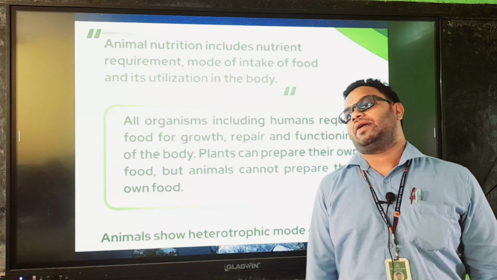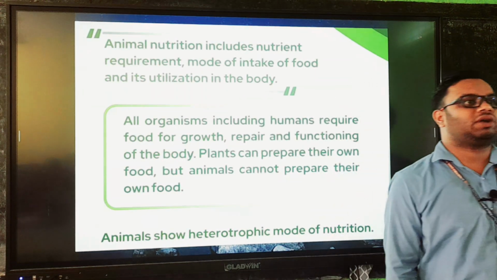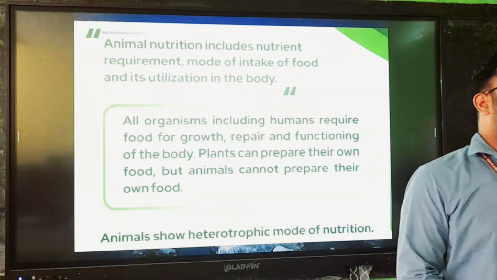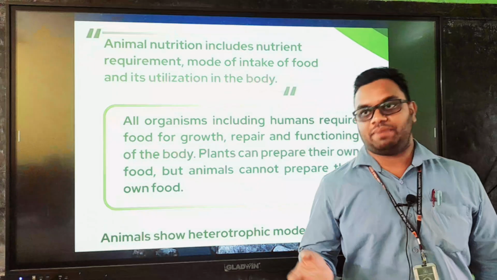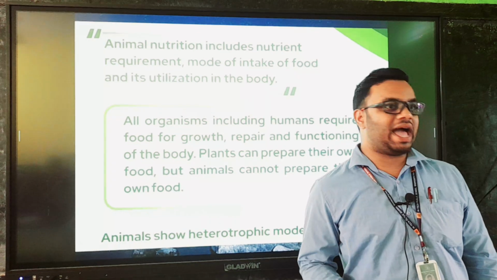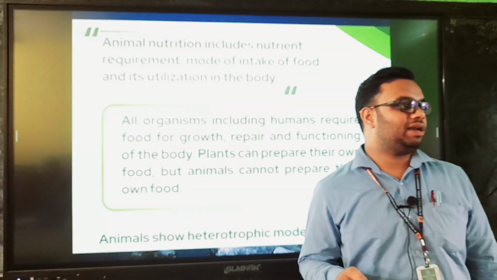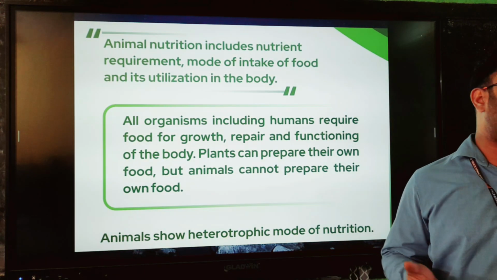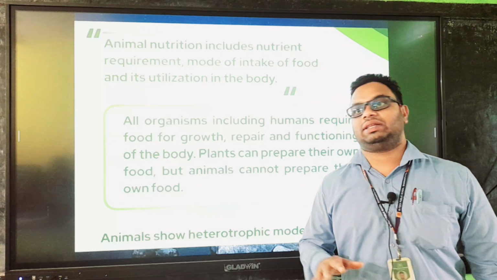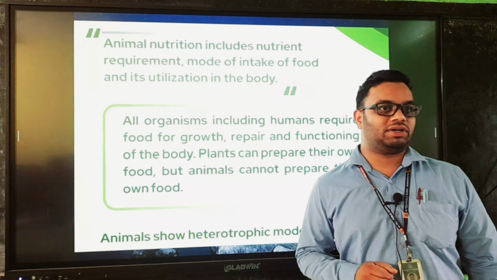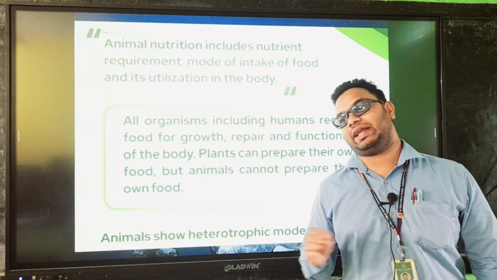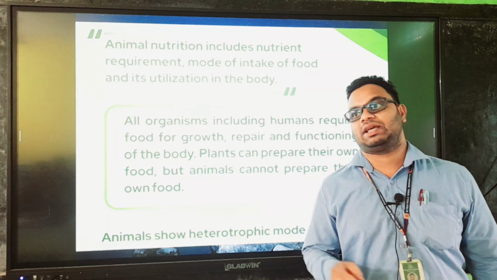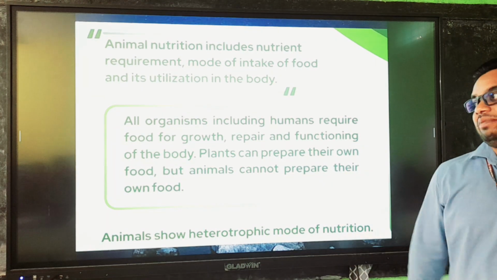We cannot make our own food, but we can get food from plants and animals. We eat animal products like egg, milk and meat, and plant products like vegetables and fruits. So our food is coming from two sources, plant source and animal source.